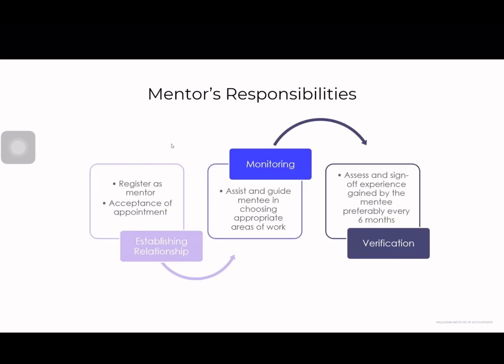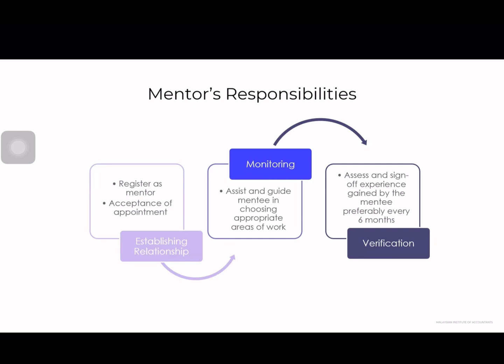They register with the mentor, the mentor accepts your appointment, and from time to time they will verify your work and approve in the portal, every 6 months. That's what MIA said. Then how about overseas students?